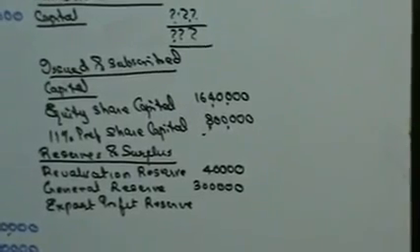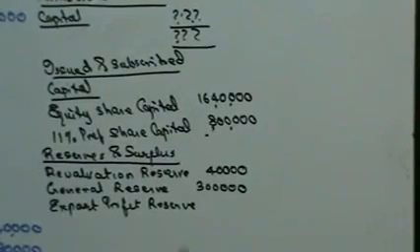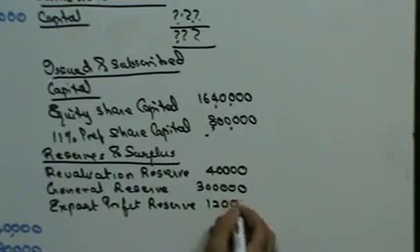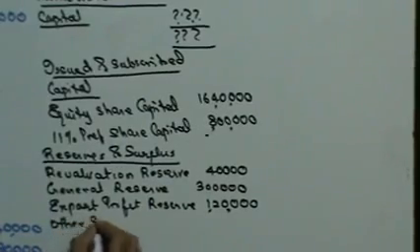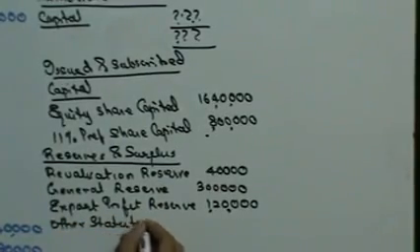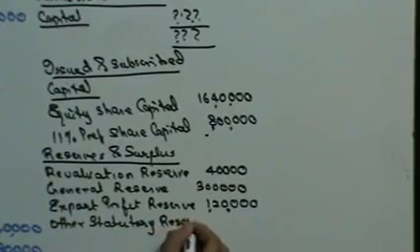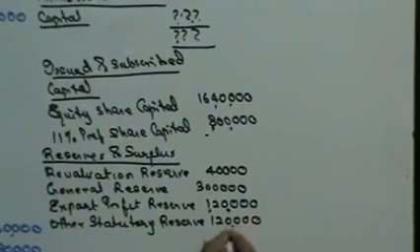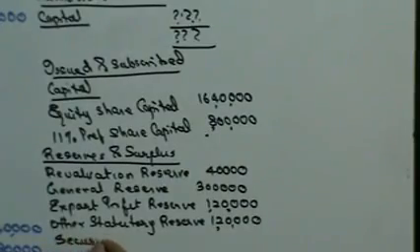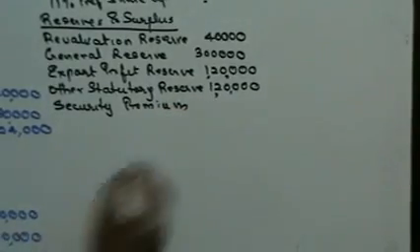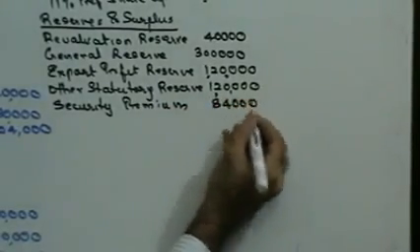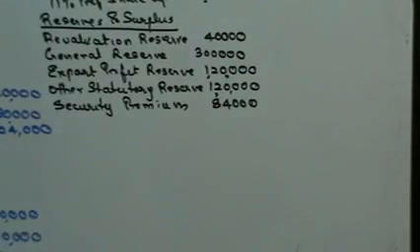Export profit reserve was 80,000 plus another 40,000, 1 lakh 20,000. Then you have other statutory reserve. Other statutory reserve is 1 lakh plus another 20,000, so 1 lakh 20,000. Then you have security premium. Security premium was 84,000. So those were all your reserves.